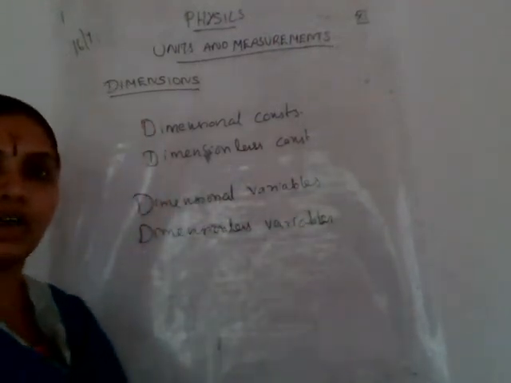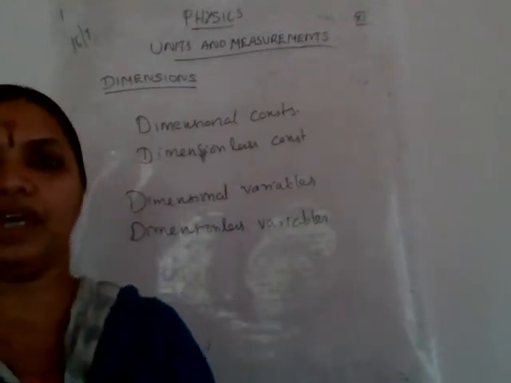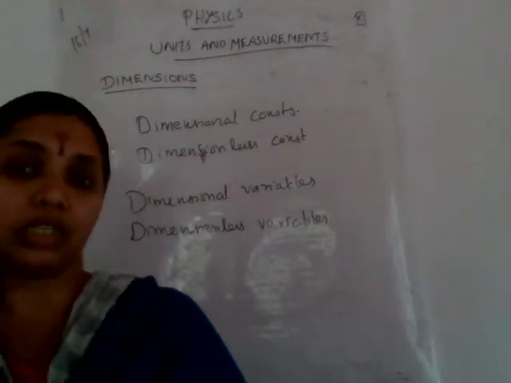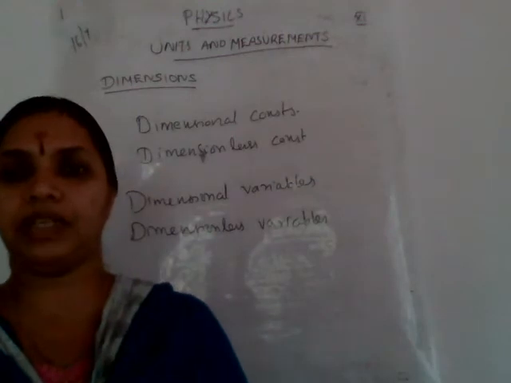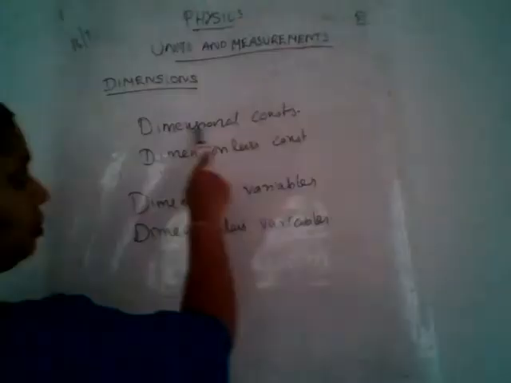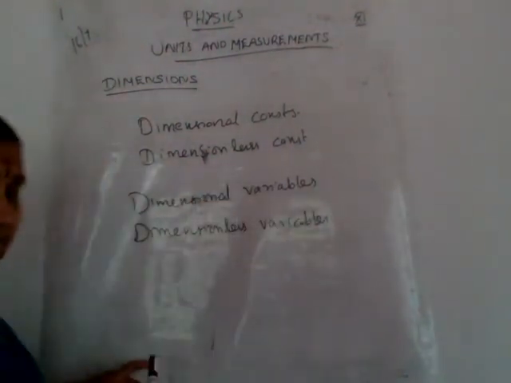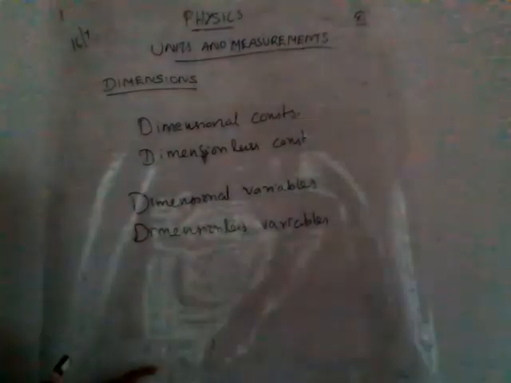That is, some physical quantities are constant. That is very few, and majority are variables. Isn't it? Force, it is a variable quantity. Velocity, it is a variable quantity. Isn't it? So according to the dimension, it is classified into dimensional constants, dimensionless constants, dimensional variables, dimensionless variables.